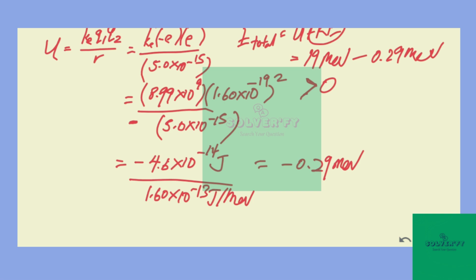Even though there are attractive forces because of the protons, it is still not enough to attract the electrons and keep them in the nucleus because of its kinetic energy. Its kinetic energy is so large due to the uncertainty principle of the momentum.